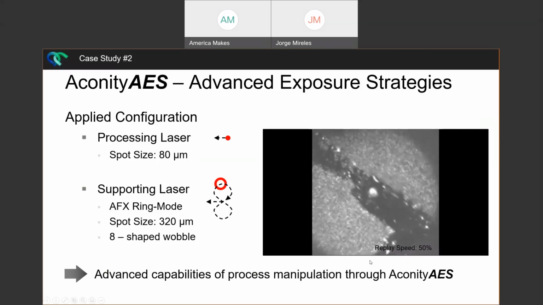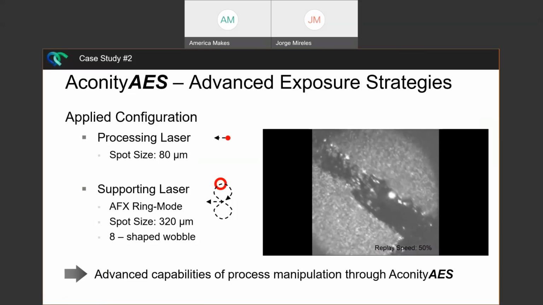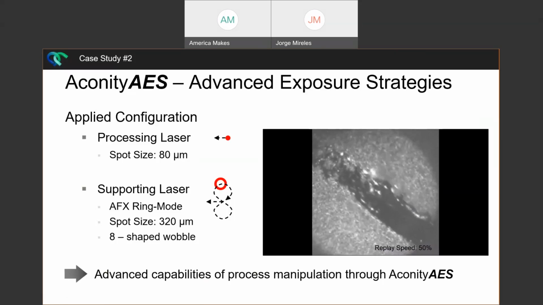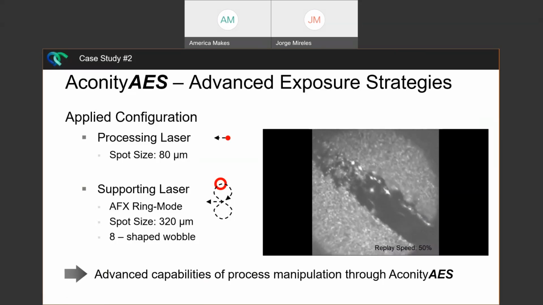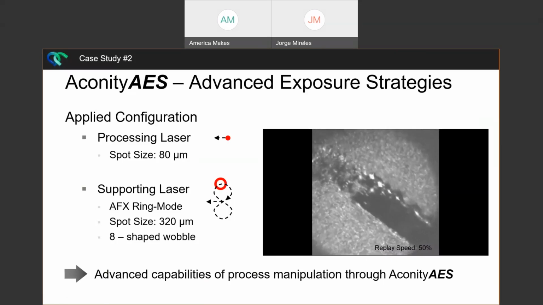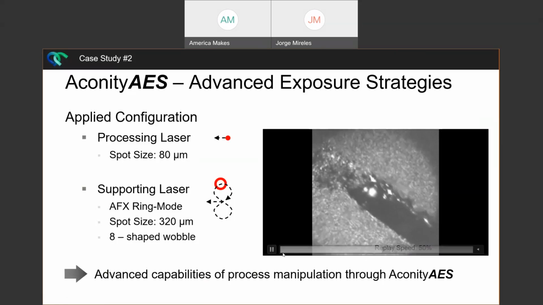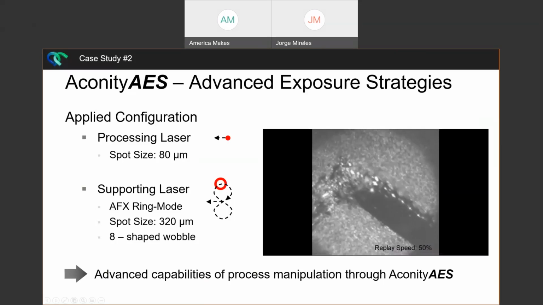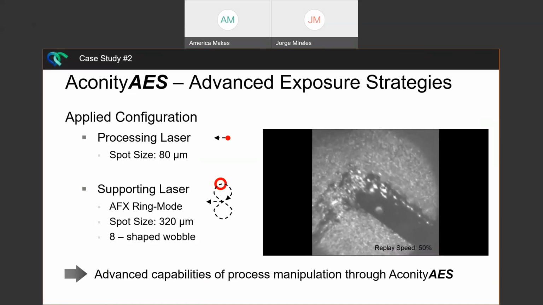Now, to my knowledge, right now we're the only ones that offer a software solution where our users can basically check a box in our software and apply this unique strategy. We're still doing a lot of characterization work here, but we encourage people interested in this type of unique scan strategy work to reach out to us if you need more information about this.